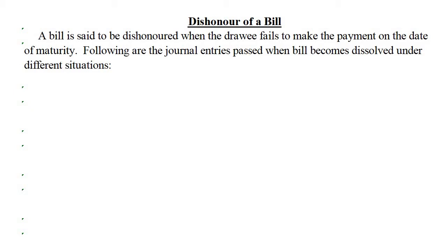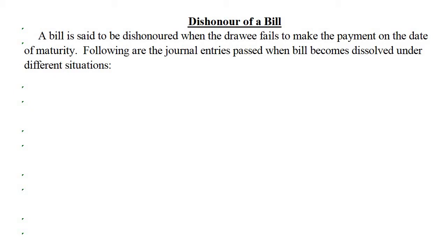In all these four cases, what will be the journal entry when the drawee fails to pay the money? The bill receivable will be cancelled and the money should be collected from the drawee. That is the way of preparing the journal entry on dishonour of a bill.